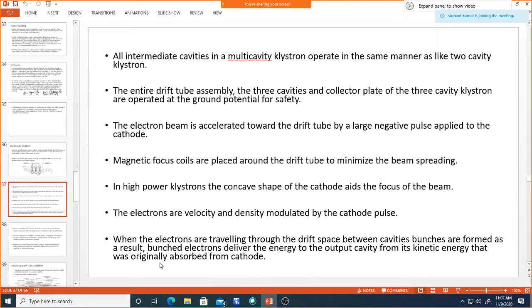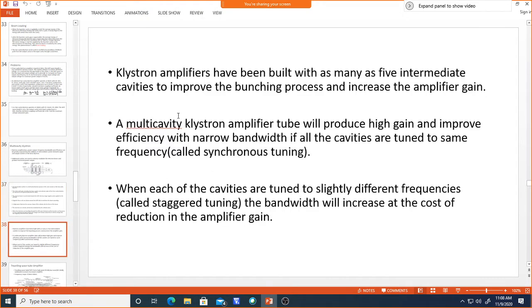When these electrons travel through the drift space between the cavities, bunches are formed. As a result, these bunched electrons deliver energy to the output cavity from their kinetic energy, which is acquired from the cathode. Okay, so this is about the bunching and the velocity and density modulation.